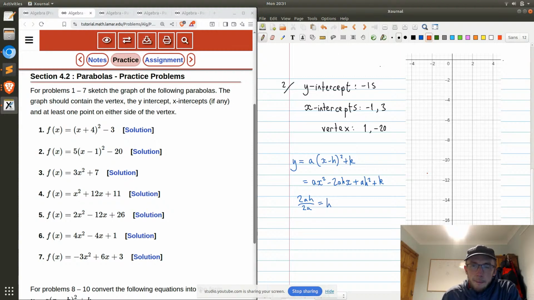Okay. The y-intercept was established to be -15. The x-intercepts, -1 and 3. And the vertex, 1 and -20.